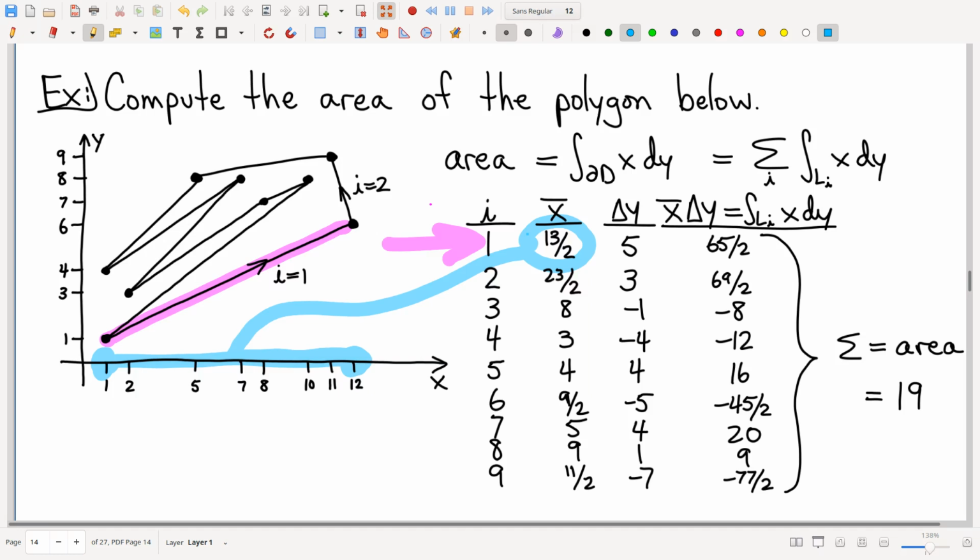No big deal. The change in y, delta y: y started at 1 and it went up to 6, so delta y is just 5. Easy arithmetic. I can multiply those and I get 65 halves. Now, that's for the first line segment.